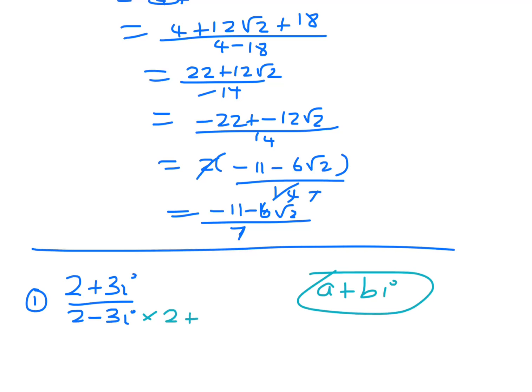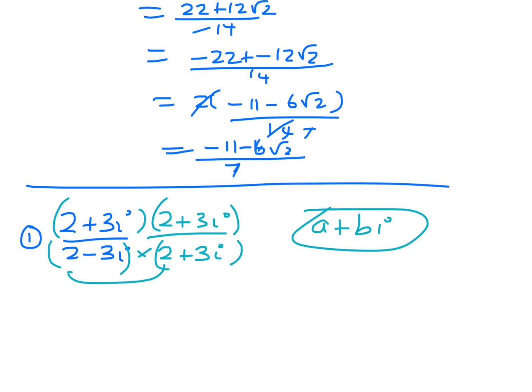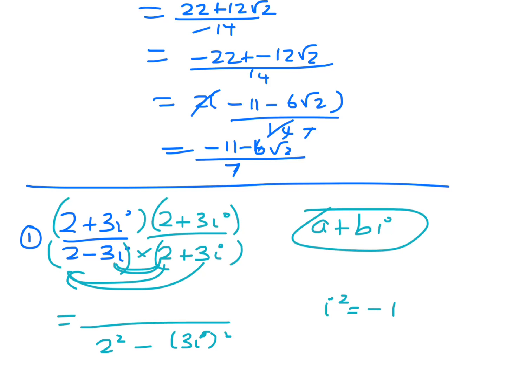So if you multiply the bottom by 2 plus 3i and the top by 2 plus 3i, that's multiplying by the conjugate, then on the bottom you will get 2 squared minus 3i squared. And you'll find the i's will cancel out when you square it, because i squared is just minus 1. And the middle terms, minus 6i plus 6i, cancel out.